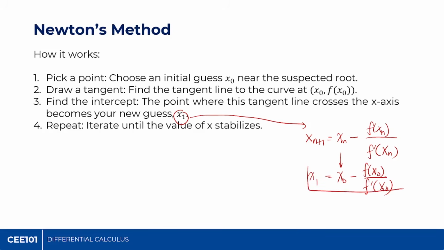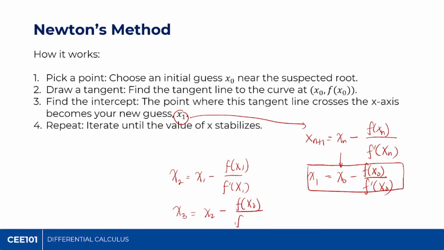Okay, ito na yung gagamitin natin to solve for the value of x sub 1. Kung kukunin naman natin yung x sub 2, basically x sub 1 minus f of x sub 1 over f prime of x sub 1. Okay, and then kukunin natin yung x sub 3, that is basically x sub 2 minus f of x sub 2 all over f prime of x sub 2, and so on so forth. Yan yung gagamitin natin to solve for the values of yung mga new guesses.